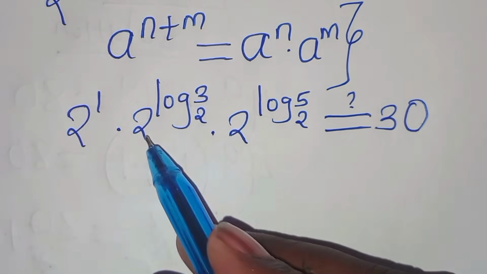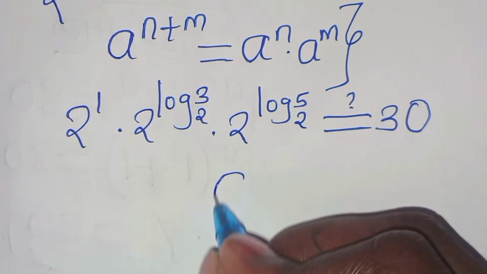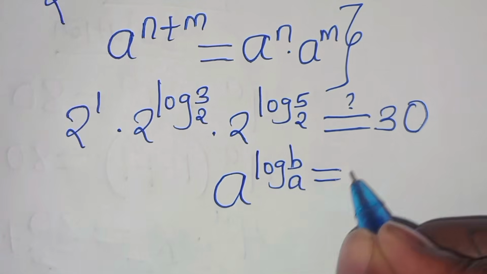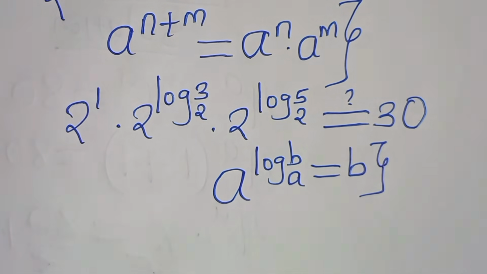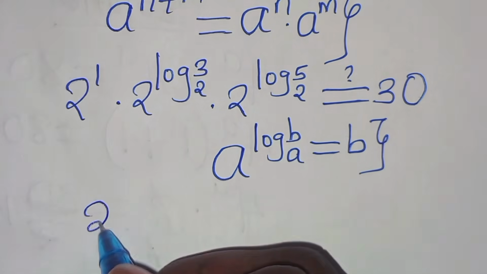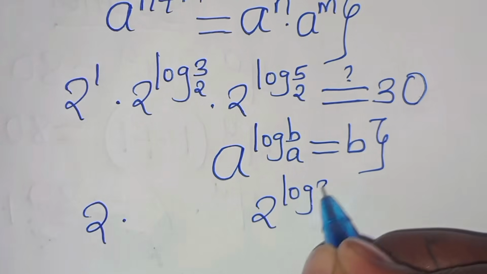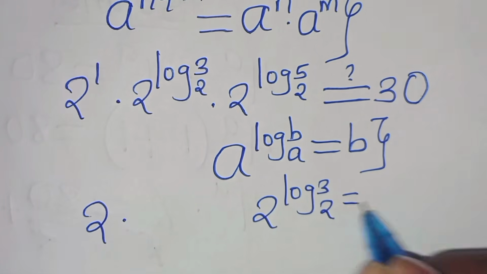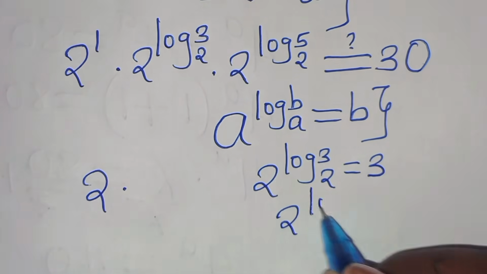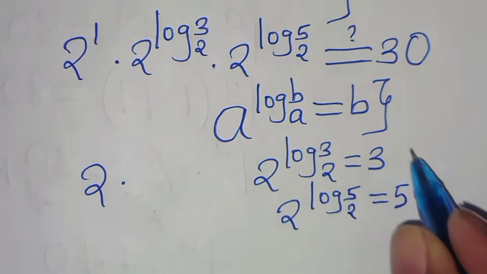The next step is that 2 to the power of log 3 to base 2 and 2 to the power of log 5 to base 2 are in the form of a to the power of log b to base a, which is supposed to give us a value of b. So let's apply this logarithm property, so that we have 2 multiplied by 2 to the power of log 3 to base 2, which gives a value of 3, and 2 to the power of log 5 to base 2, which gives a value of 5.